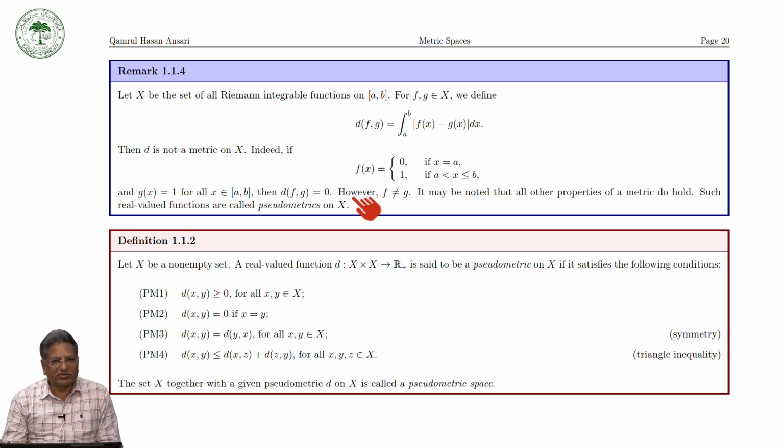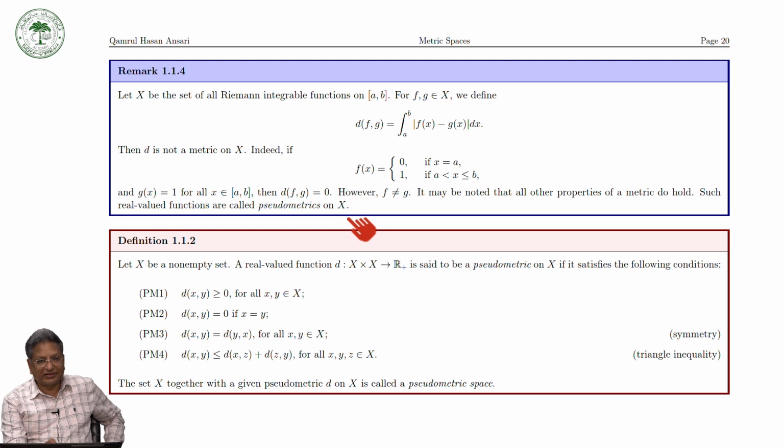So here d is weak, and now you can see that except for this property, that d(x,y) equal to 0 implies x is equal to y, this d satisfies all other properties of a metric.